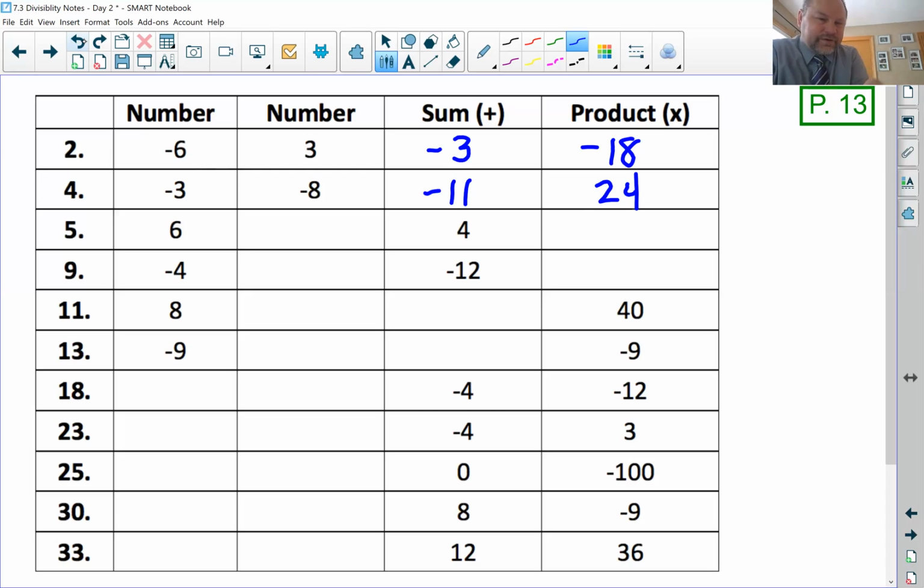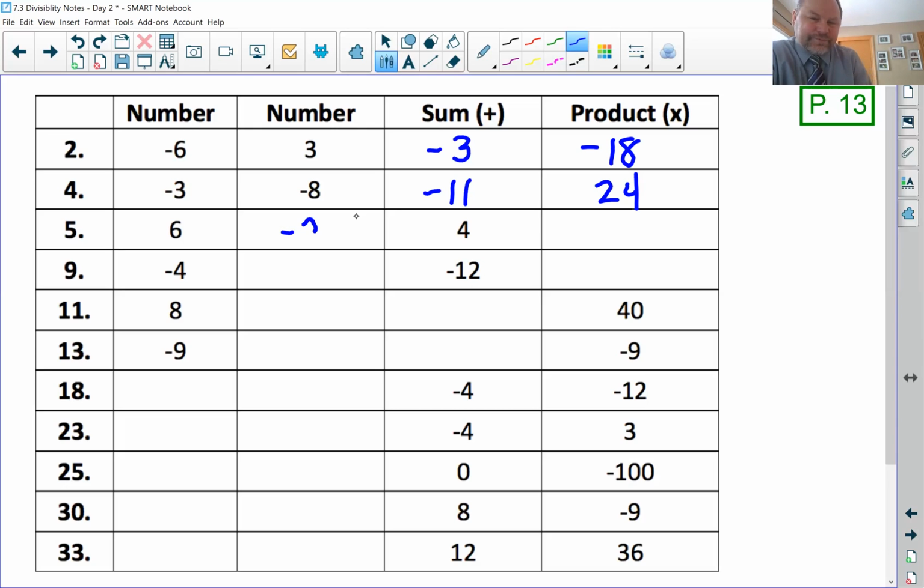Now, if you're given one of the numbers and either the sum or the product, you kind of have to work backward. So if you're given the sum, what number do I add to 6 to get +4? It has to be negative because I'm getting a smaller value.